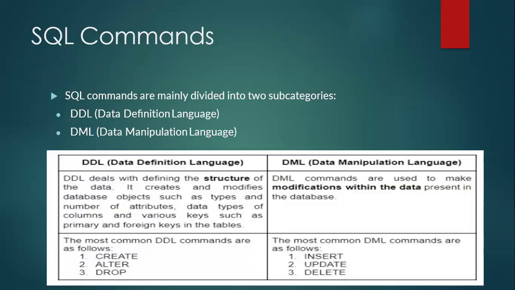Now, SQL commands are majorly divided into two subcategories. The first one is DDL, that is Data Definition Language, and the second one is DML, that is Data Manipulation Language. Let's understand each of the categories one by one.